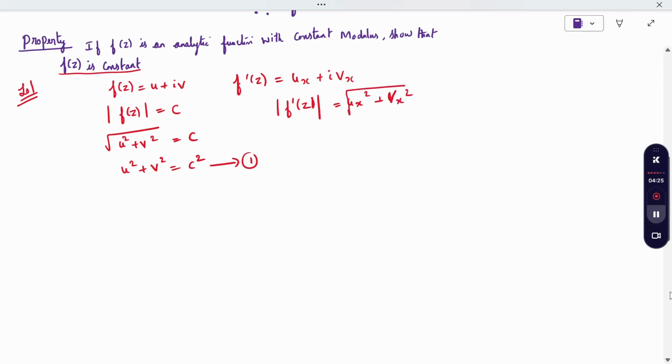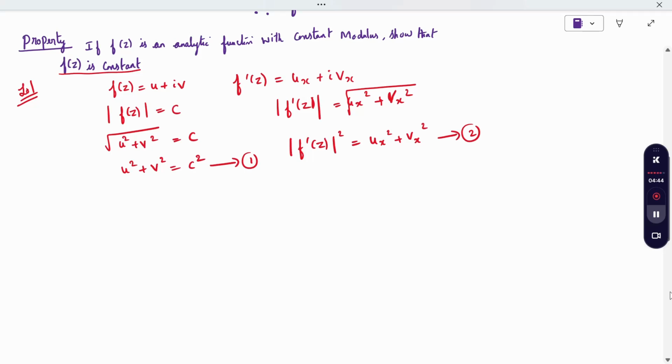Removing the modulus, f dash of z whole squared is nothing but ux squared plus vx squared. I'll have this as the second equation.